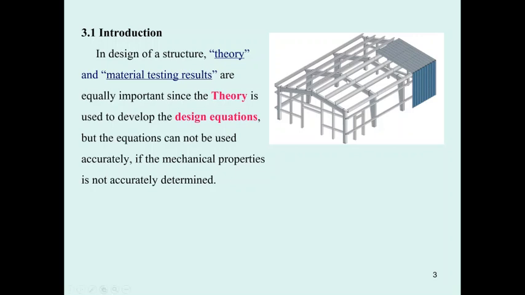You have to put the load onto the beam to measure whether the deflection is acceptable or not. That's going to cost you a lot of money. So sometimes we use the theory to predict what happens in the structure. However, at that time you have to have the material testing result to get the required value. So that is the two things, theory and material testing.